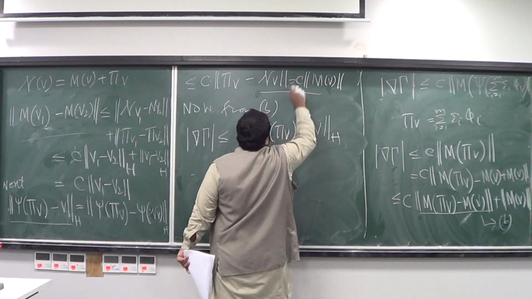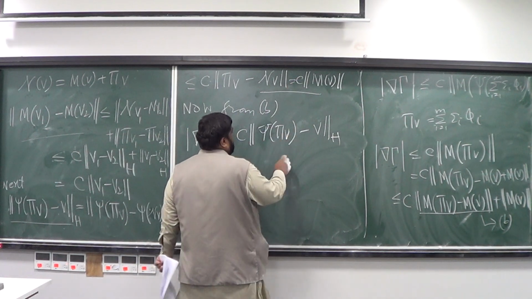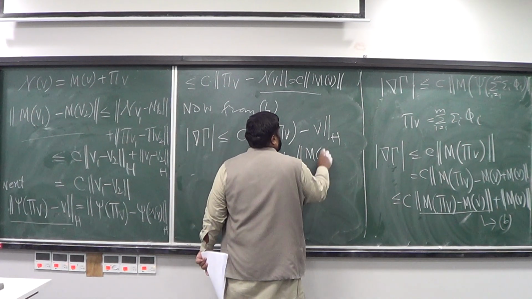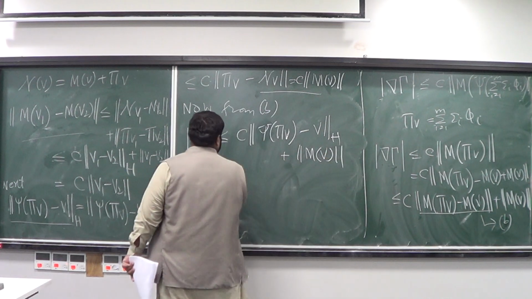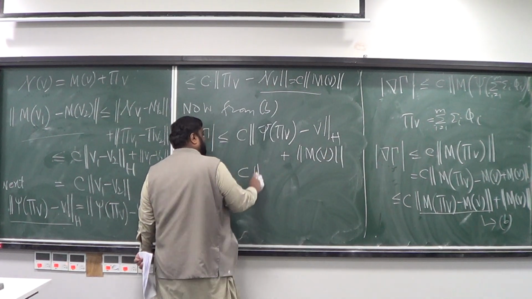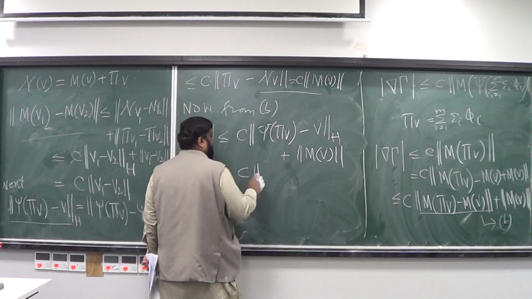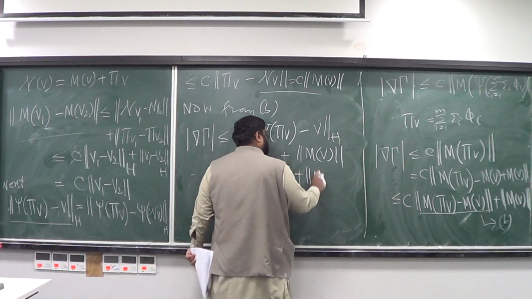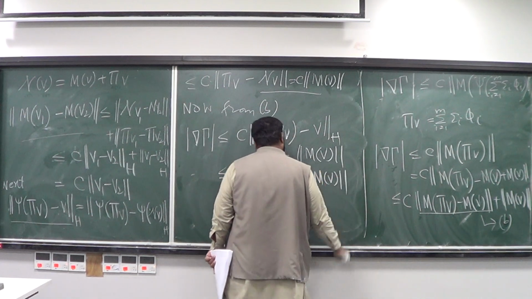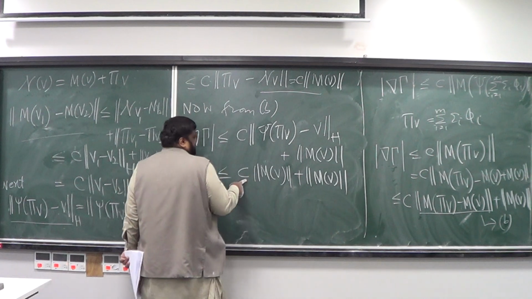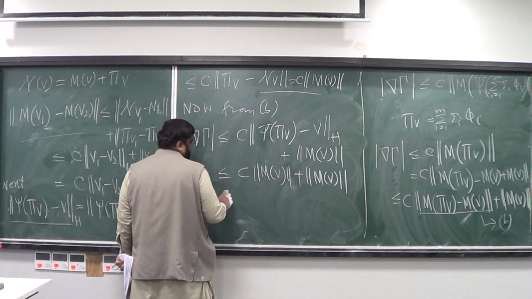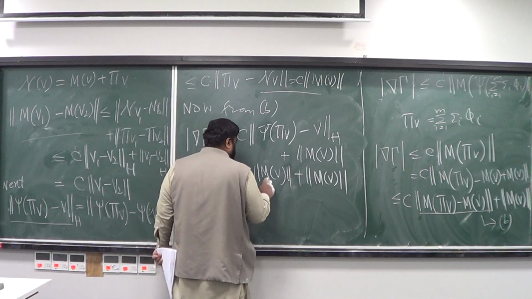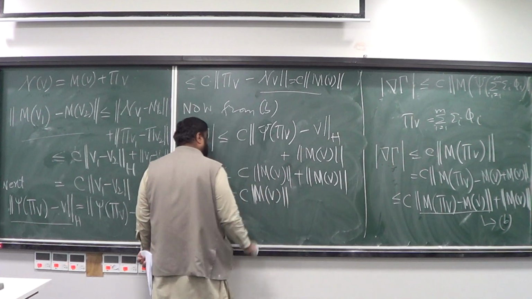So this c plus, you already have m of v, so I can say that this is less than or equal to c times the norm of m of v plus the norm of m of v. So c plus 1, I can again call it constant c, times the norm of m of v.